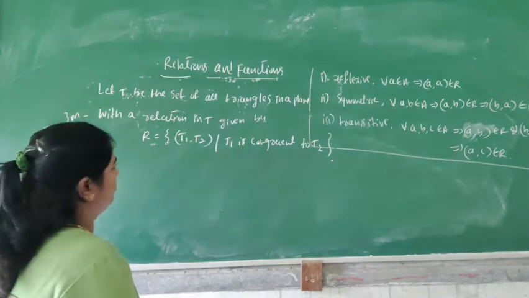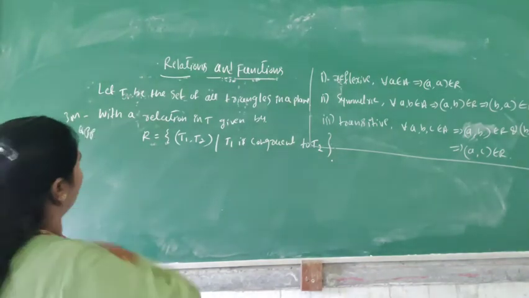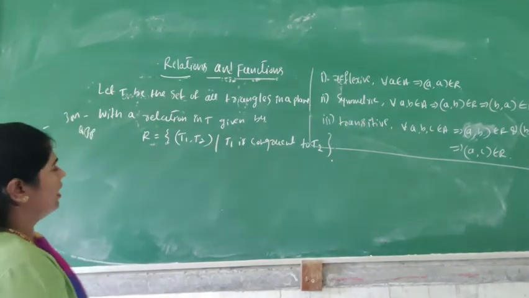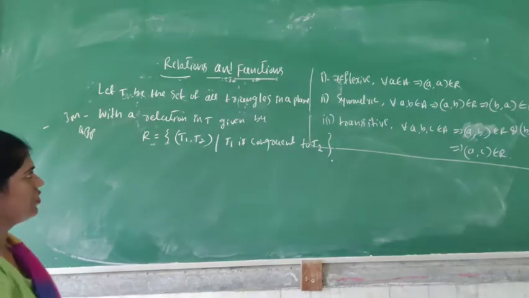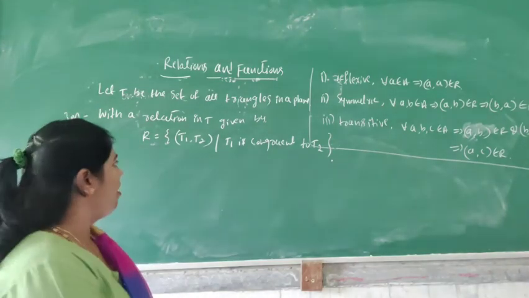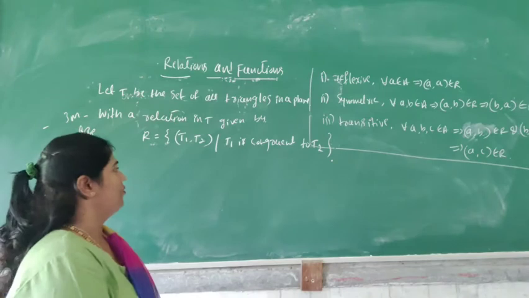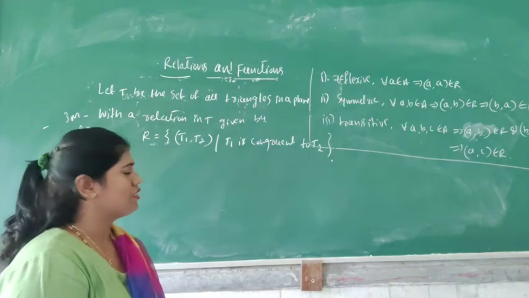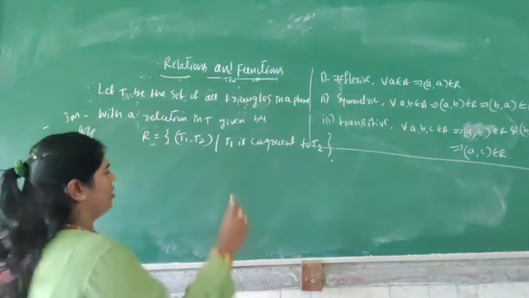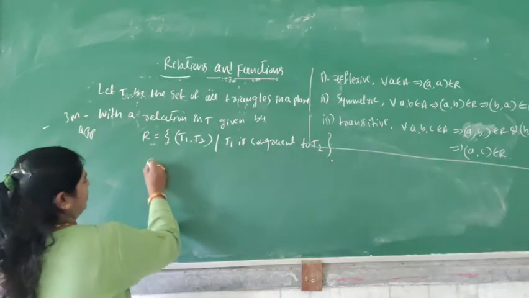Let T be the set of all triangles in a plane with a relation R given by R equals {(T1, T2) such that T1 is congruent to T2}. What do we have to write? Solution.